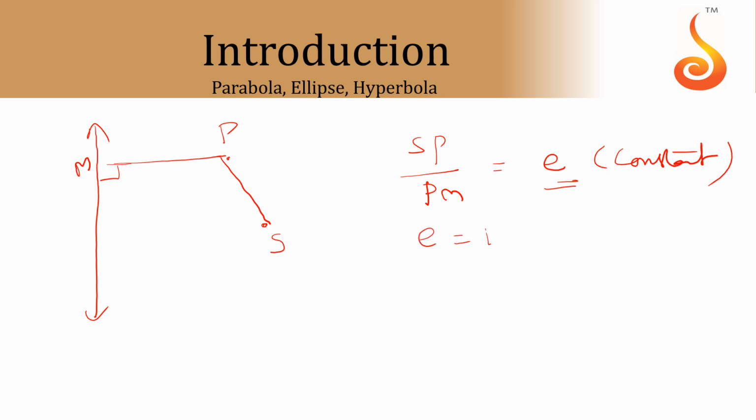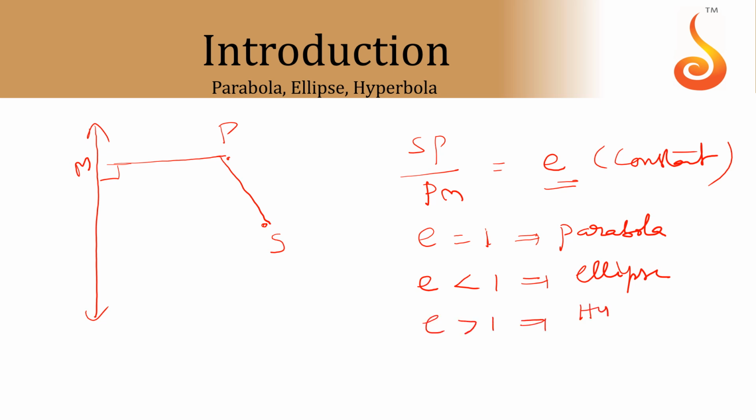If e equal to 1 it is a parabola, if e less than 1 an ellipse, if e greater than 1 a hyperbola.